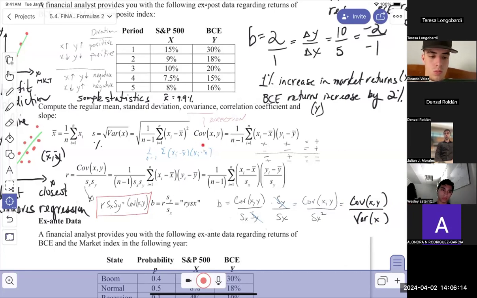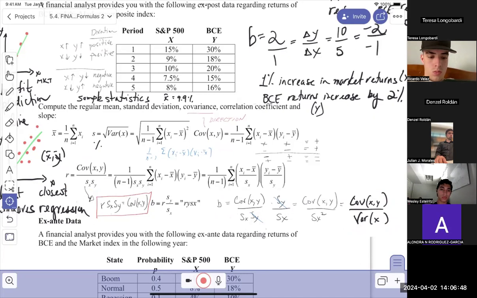But this measure of covariance doesn't narrow it down to a measure I understood. So I standardize it to get R. But here it's telling me the covariance, scaling it for every unit of volatility measured by the S&P 500. Okay, so for every unit of variance of x, this is the covariance of x with y.